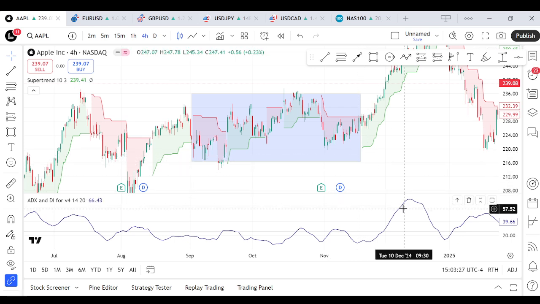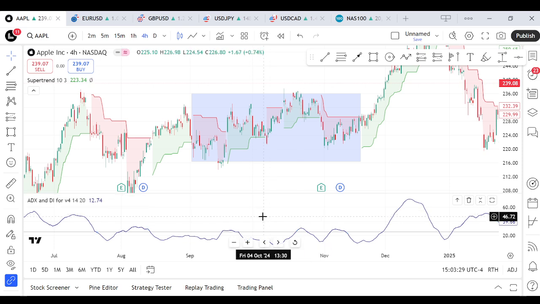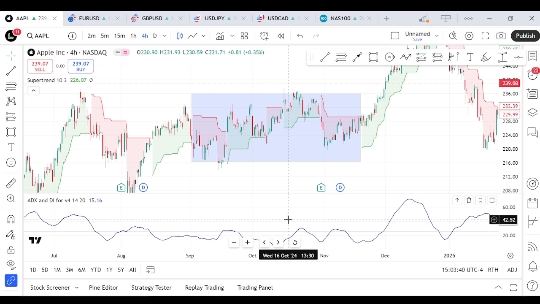The ADX indicator, which is this indicator under here, it was created by J. Wells Wilder, who is also the creator of the RSI. It measures how strong or weak a current trend is. It doesn't indicate trend direction, rather it provides a numerical value ranging from 0 to 100.